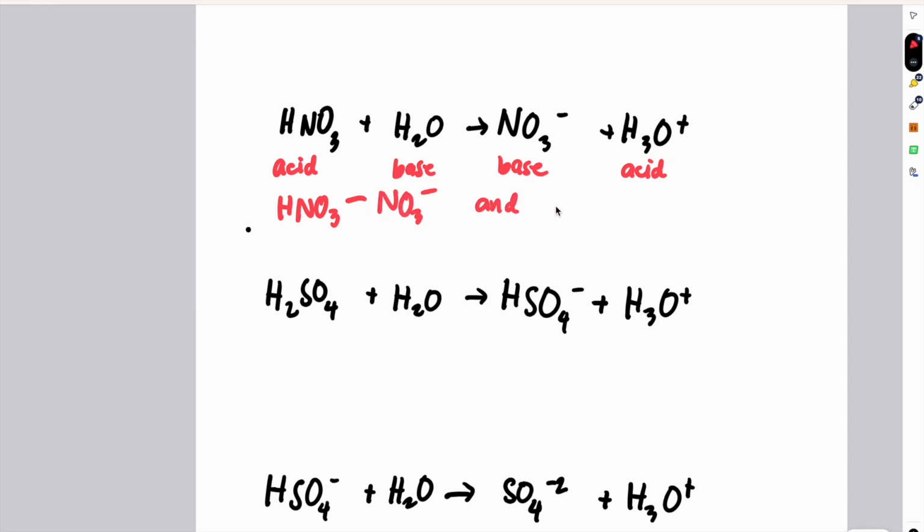So the conjugate pairs are as follows. Okay. So monoprotic acid is HNO3.